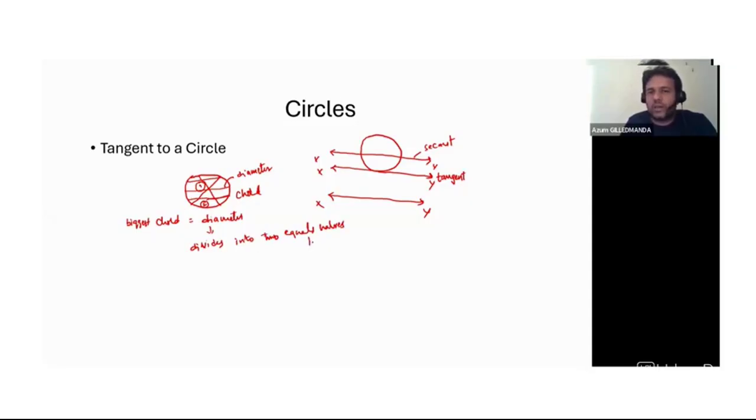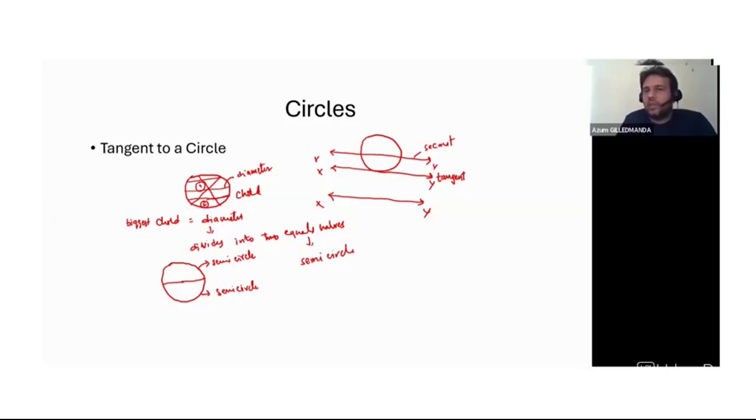Those equal halves are called semicircles. So let's say this is a circle, and this is the center of the circle. Then this is the diameter, and it divides the circle into two equal parts. Each equal part is called a semicircle. Understood? So these are all the concepts that you require to get further into this circles chapter.